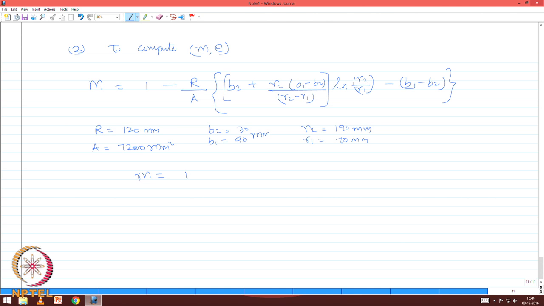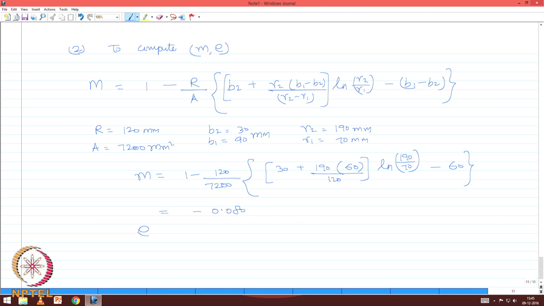Substituting, M is 1 minus 120 by 7200 times 30 plus 190 times B1 minus B2, that is 60, divided by R2 minus R1, that is 120, times natural logarithm of R2 by R1, 190 by 70, minus 60, that is B1 minus B2. So, this gives me M value as minus 0.080.